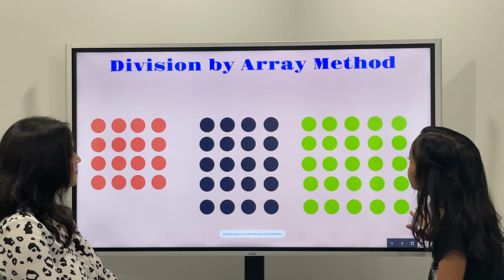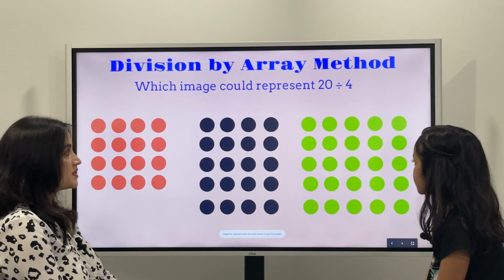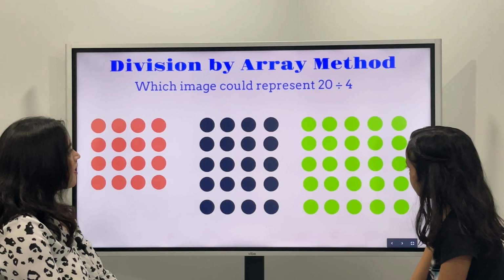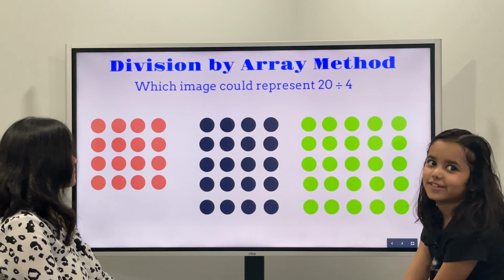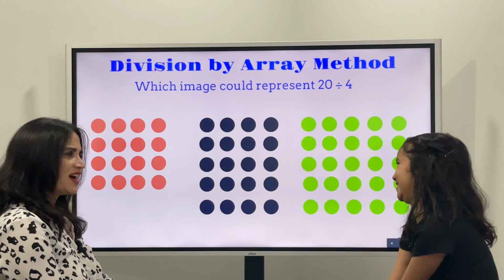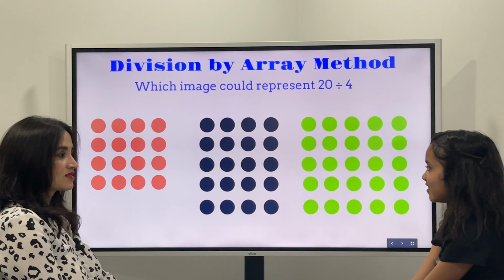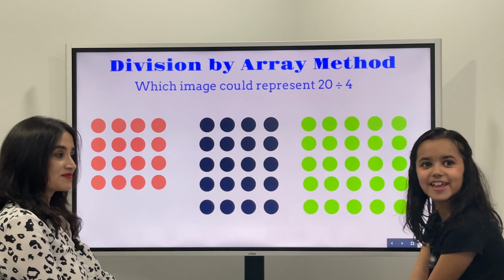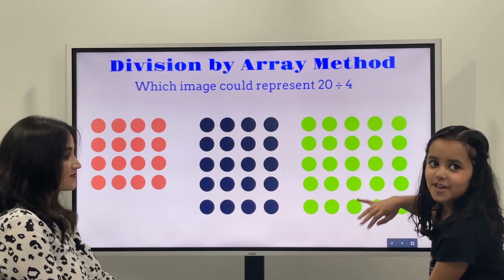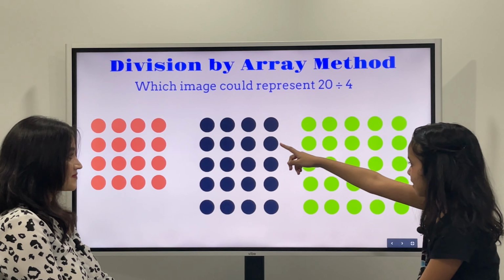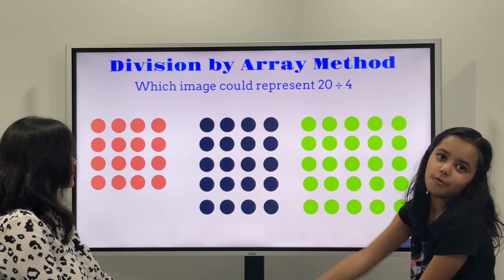Next one. Which image could represent 20 divided by 4? You have to find the first one. First one. You're so fast. How do you know? Because I knew the second number was the rows. So I checked this one. This is 5, this is also 5, and that's 4.